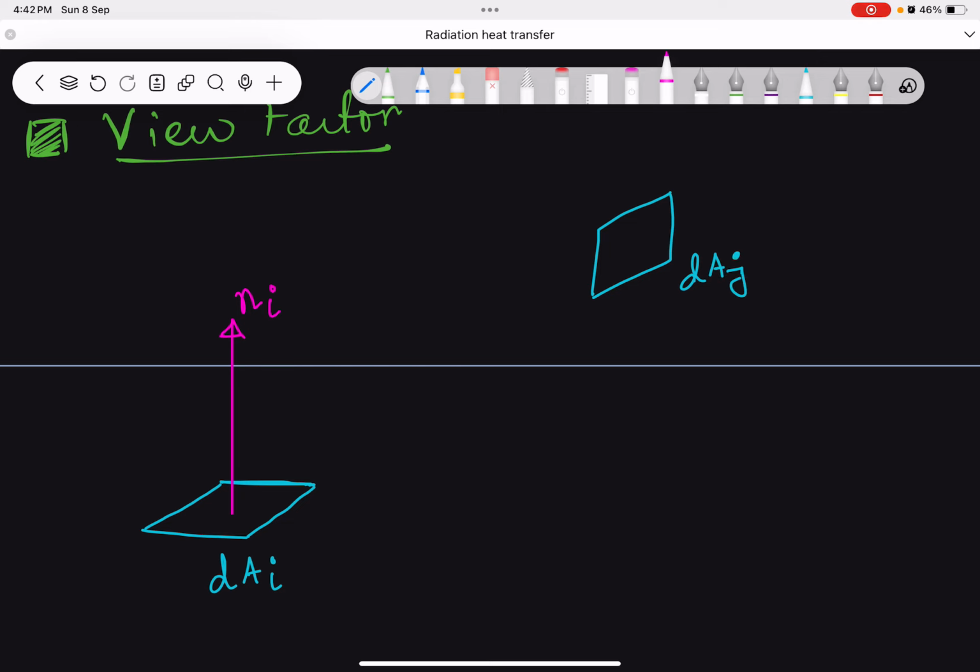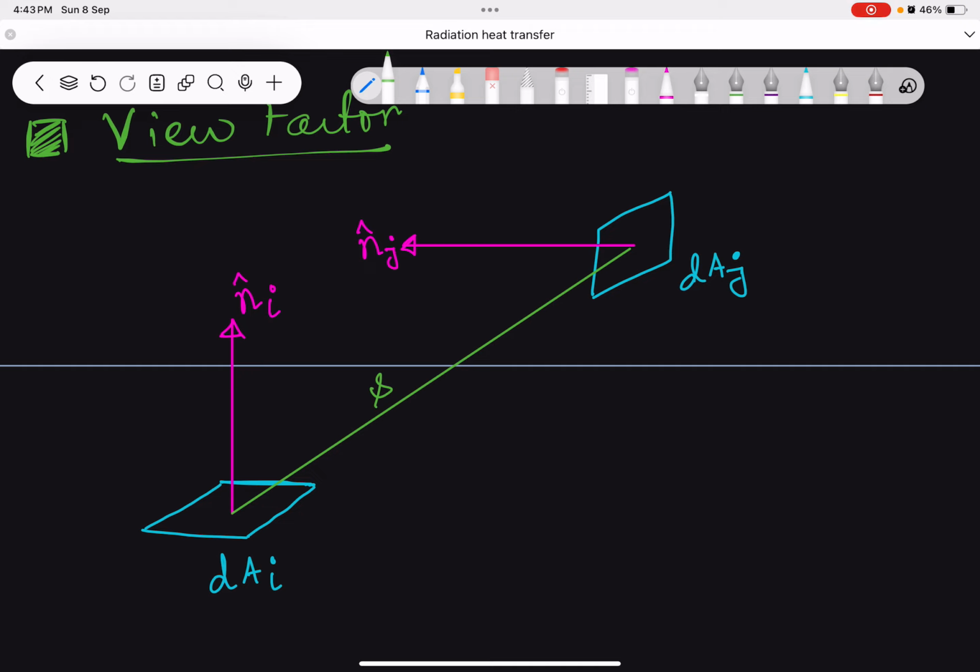Because of the seating arrangement, your normal direction is nj. Clear? And this is the distance between you two. This distance is S. Clear?